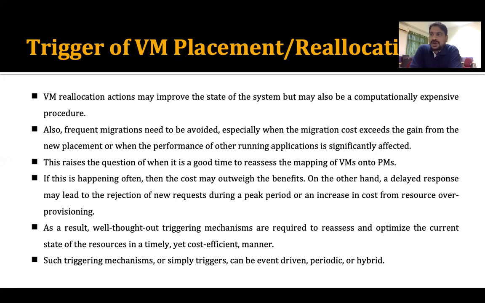So maybe I'll get a home in the next 2 or 3 months which fulfills my requirement, so I'm shifting there. It is frequent shifting, and I don't want frequent shifting because it is again costly. So it says that frequent migration needs to be avoided, especially when the migration cost exceeds the gain from the new placement or when the performance of other running applications is significantly affected.